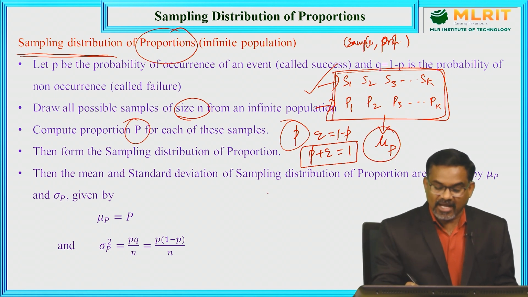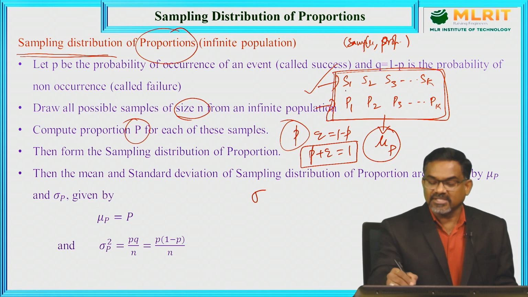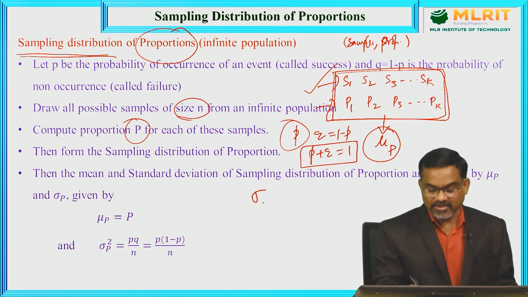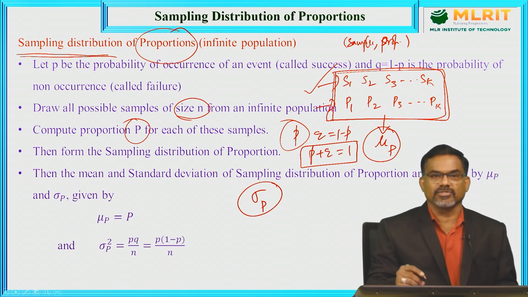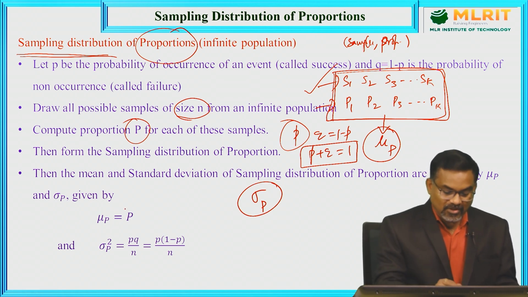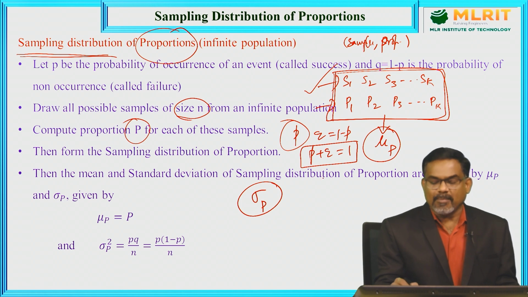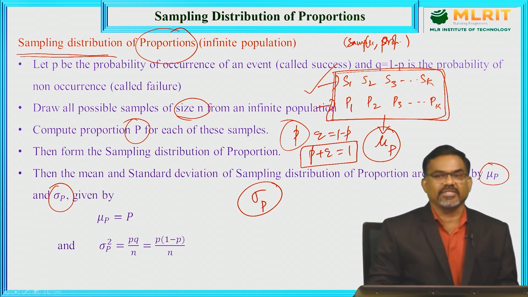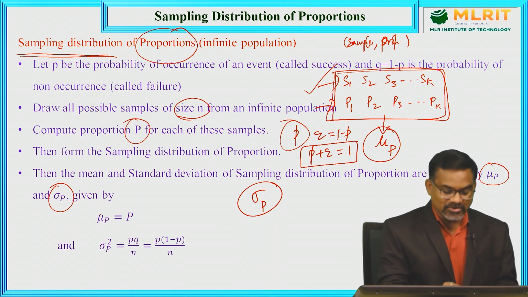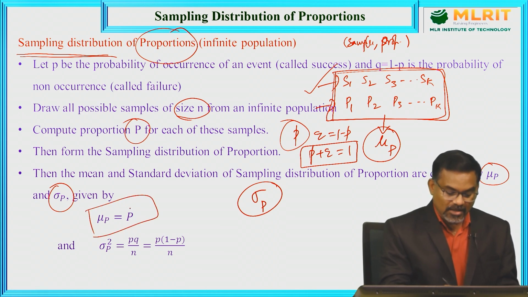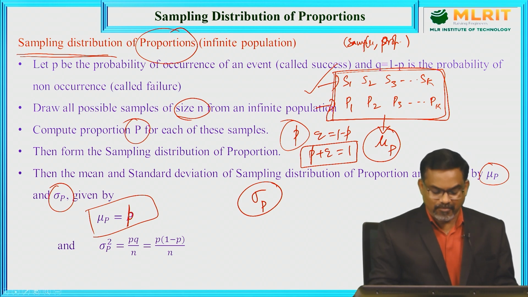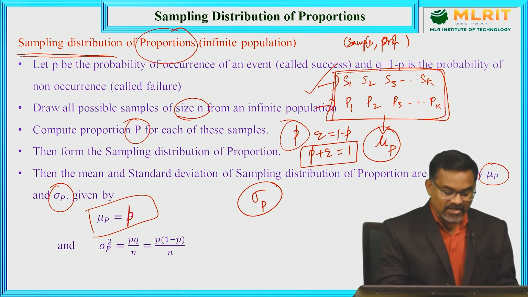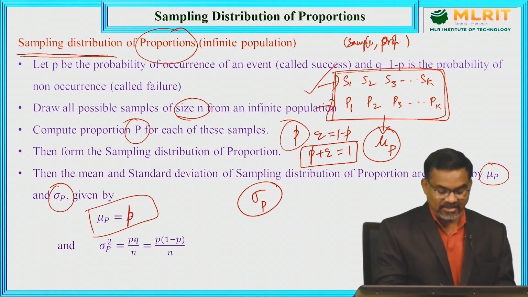Similarly, the standard deviation is sigma suffix P. They are given by: mu suffix P is equal to the population proportion, small p, and sigma square suffix P, that means the variance, is pq by n.